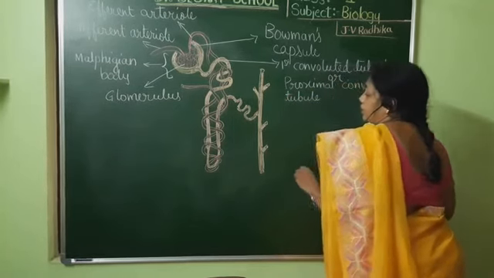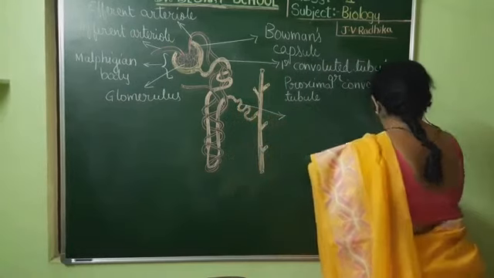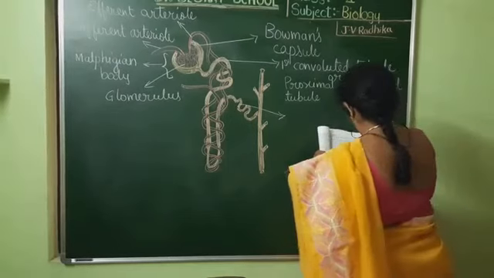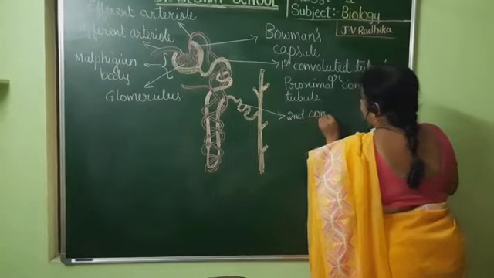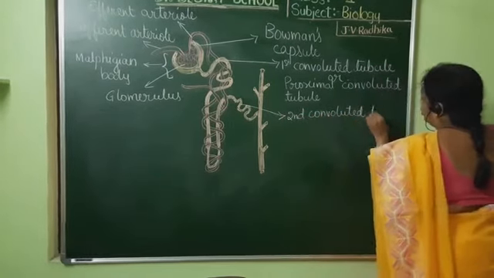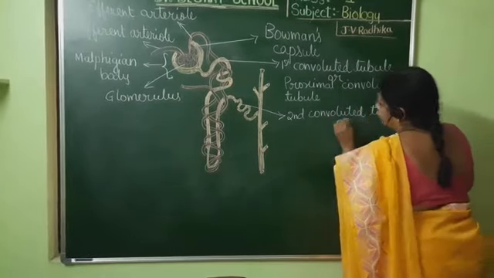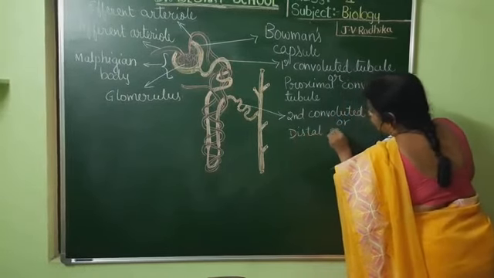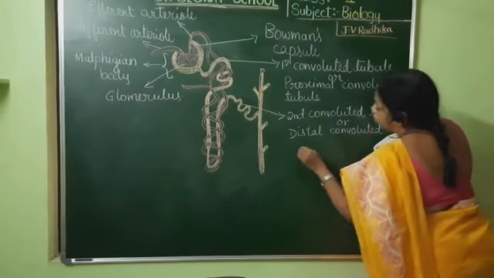Okay, children. Next one. This last part that is there is called the second convoluted tubule, or another name for that is DCT or distal convoluted tubule.